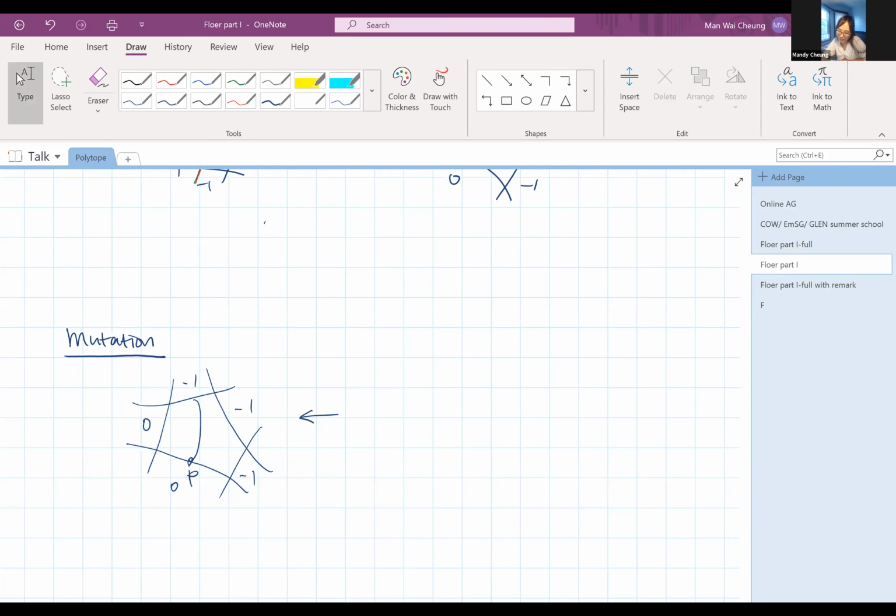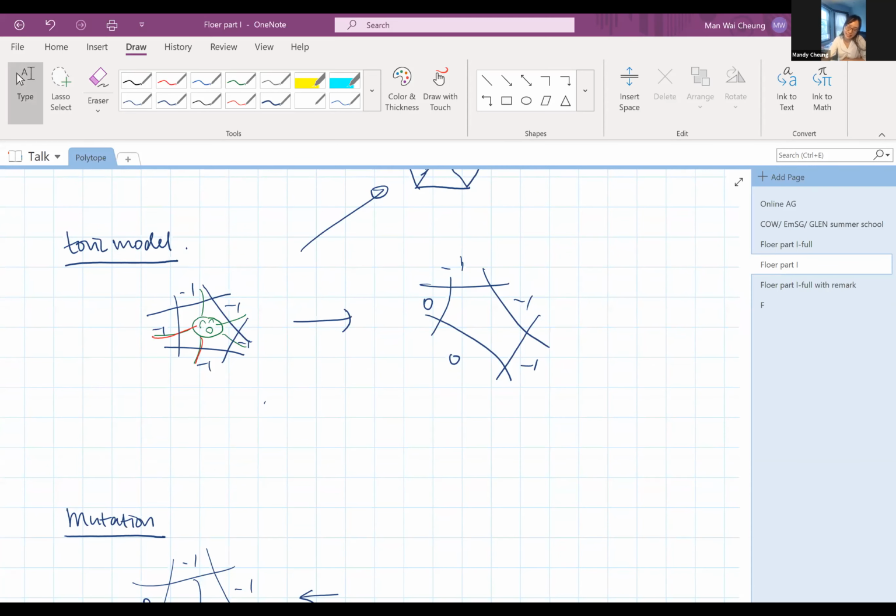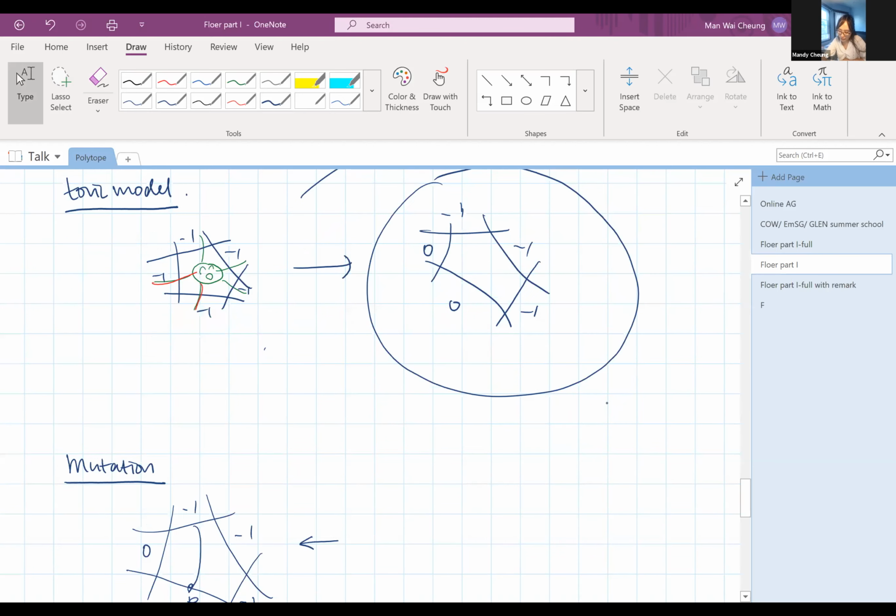But anyway, what I want to emphasize here is this is the toric model in Julio's talk, actually. Here you can draw the fan picture and you can already see this is P1 cross P1 blown up at a point. So you can actually see the scattering diagram already, sort of.